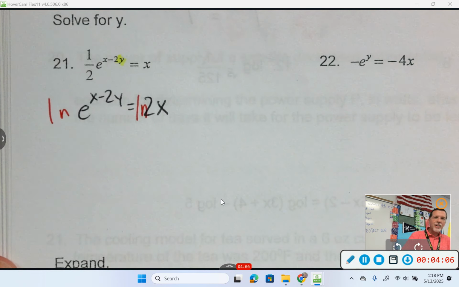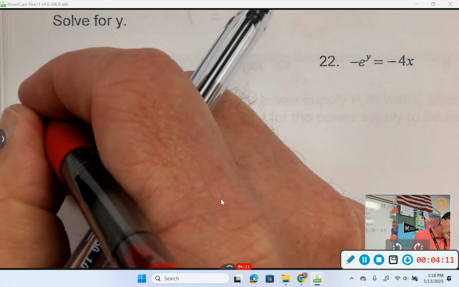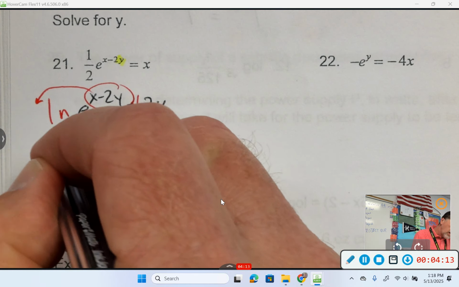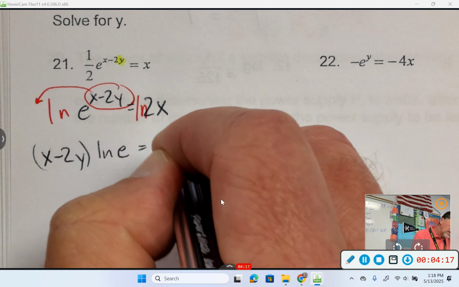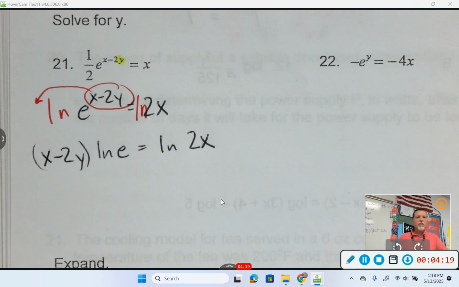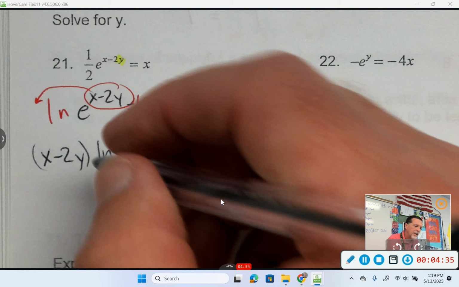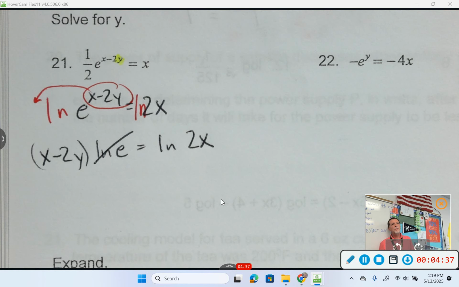My anti-exponent superpowers, natural logs. So x minus 2y times natural log of e equals natural log of 2x. I could divide both sides by natural log of e. But it would be nicer if what? Yeah, natural log of e is 1, so I don't have to worry about it.